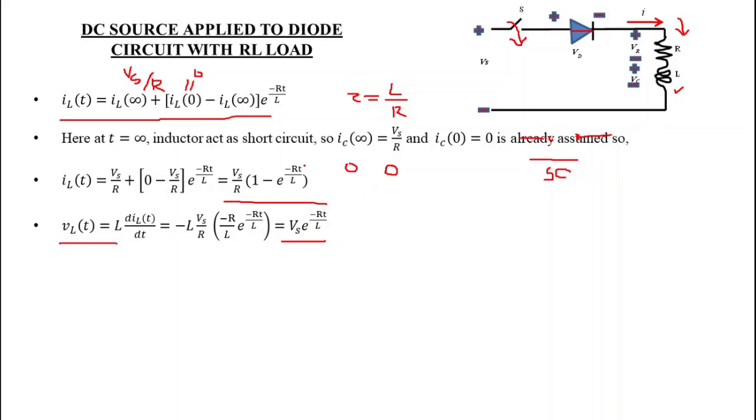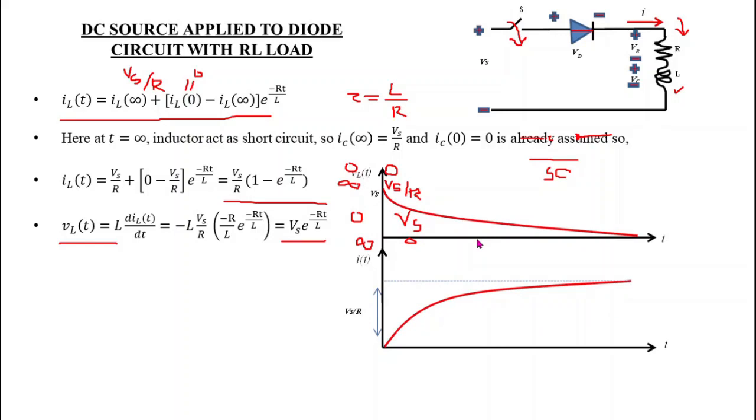And when t tends to infinity, this tends to become 0, and we get IL at infinity equal to Vs by R. Similarly, for VL at t equals 0, VL is equal to Vs, and when t tends to infinity, it will tend to become 0. So in this way, we can plot the waveform.